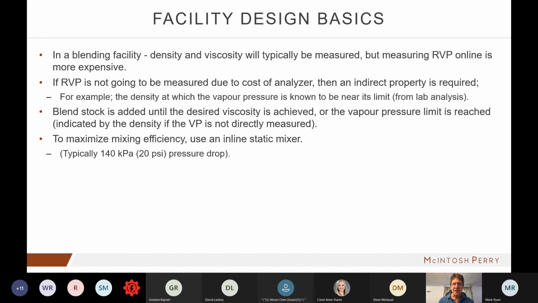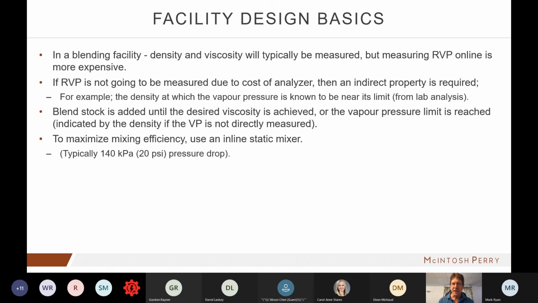So blend stock is added until the desired viscosity is achieved. That would be great. Or until the vapor pressure limit is reached. What if you run into the vapor pressure limit and haven't achieved your desired viscosity? There's not a lot you can do other than go to a slightly heavier blend stock.